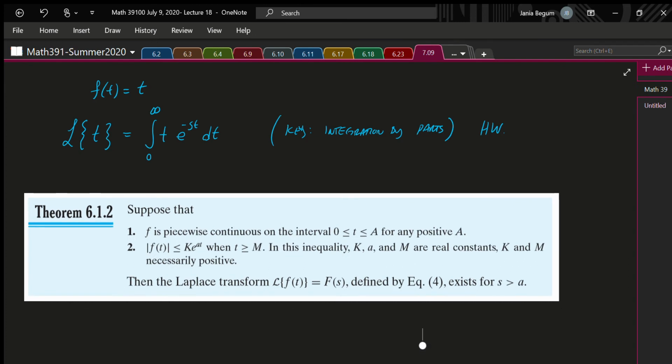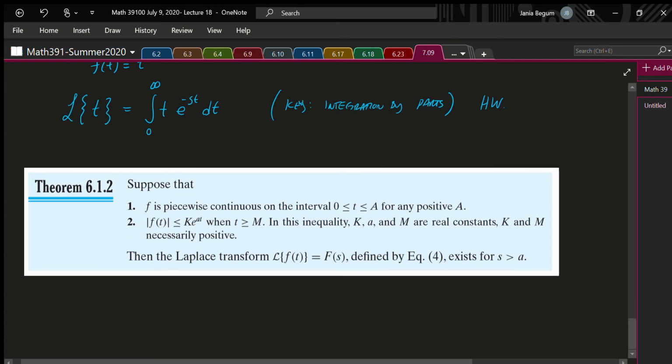So what does this theorem tell us? Well, it tells us two things, okay? It says, suppose that f satisfies a first condition: f is piecewise continuous. This is important. Piecewise continuous on the interval 0 to a, so on some positive interval for any positive a.